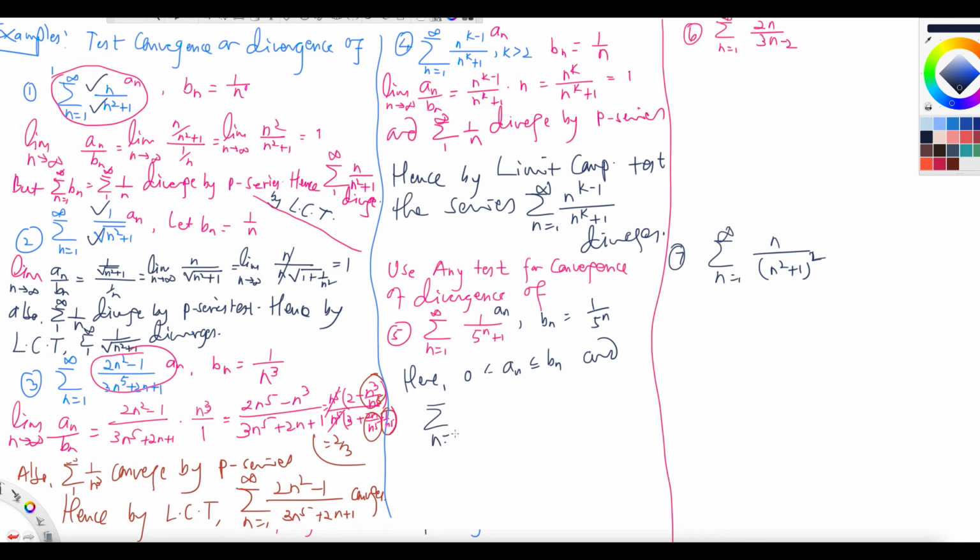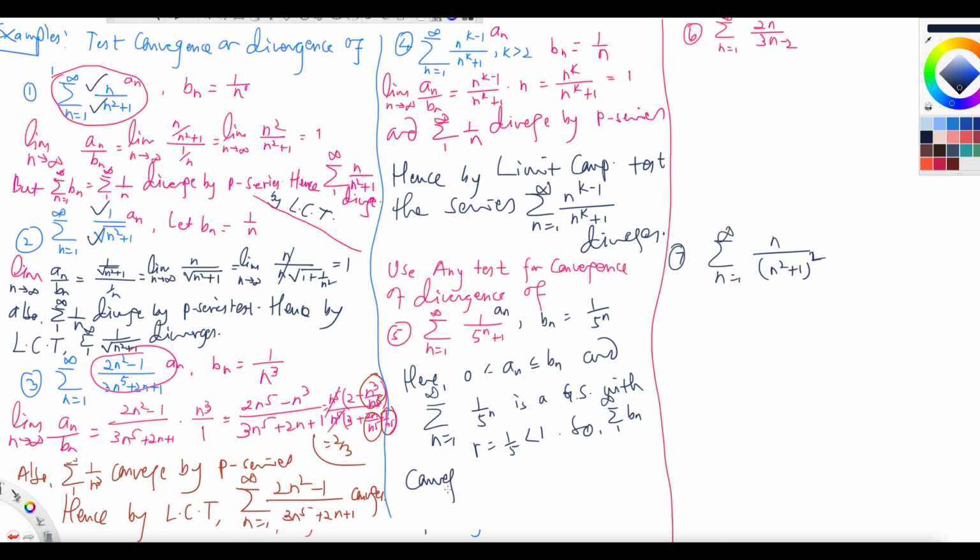The summation of n equals 1 through infinity of 1 over 5 to the n is a geometric series, with r equals 1 over 5, which is less than 1. So the summation of bn from 1 through infinity converges.